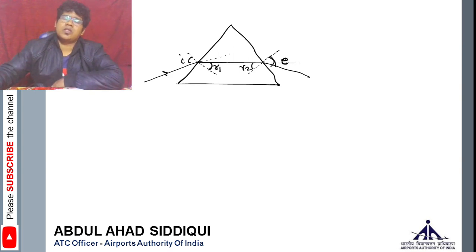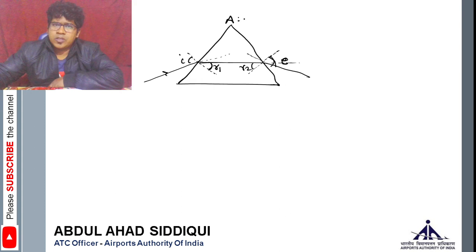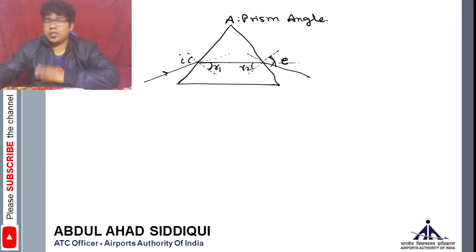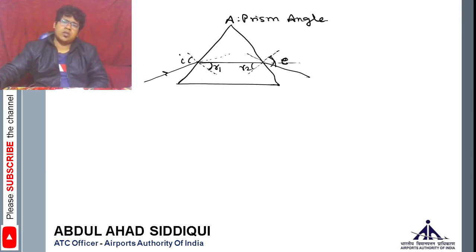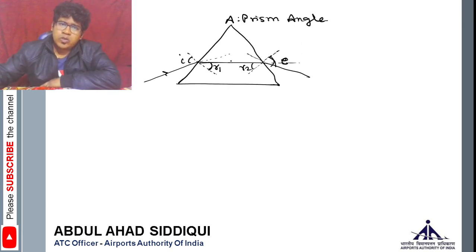So let's say this is your angle A. This is your prism angle. A is your prism angle. It is very useful in the Fresnel's biprism, right? So we have to just understand one by one.